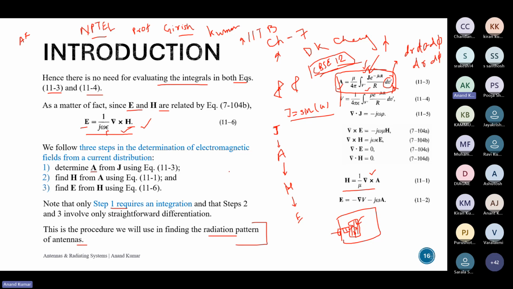You will have some antenna structure, and you'll be given the expression for J, and then you'll be asked to find out how the radiation pattern looks. If you solve for E, you'll be able to plot how the pattern looks.